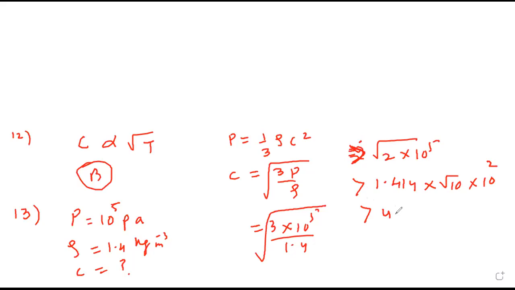So 4.2 approximately into 10 raised to 2. So it should be greater than 4.2 into 100, which becomes 420. Right?